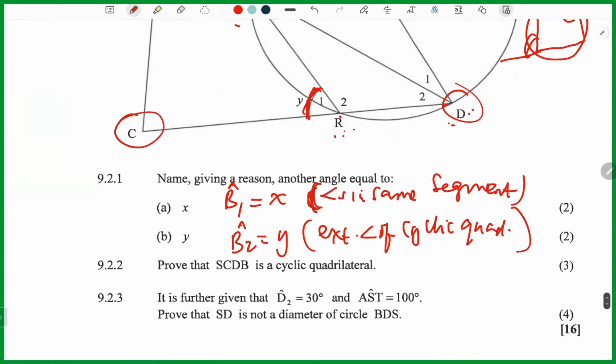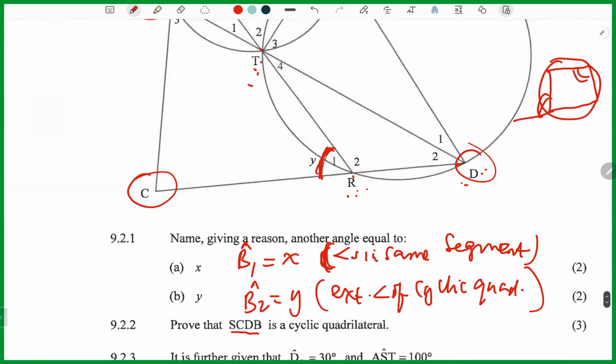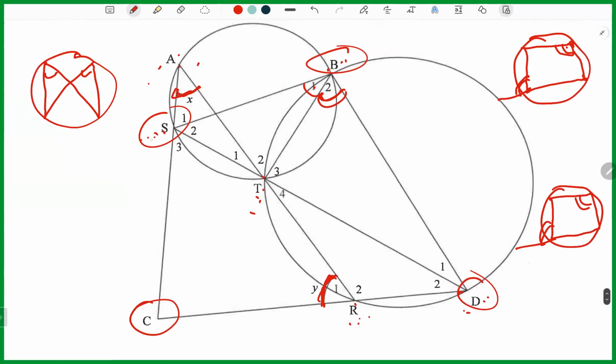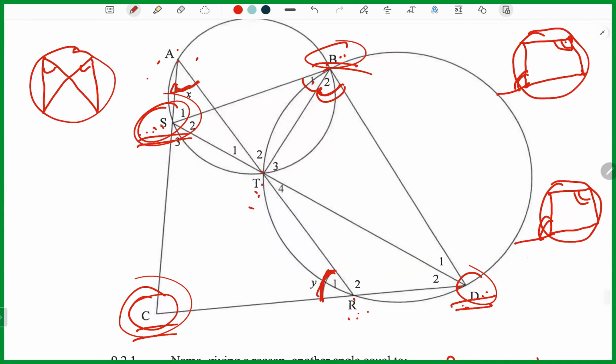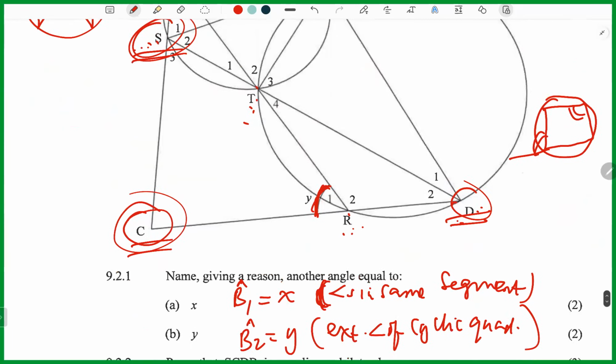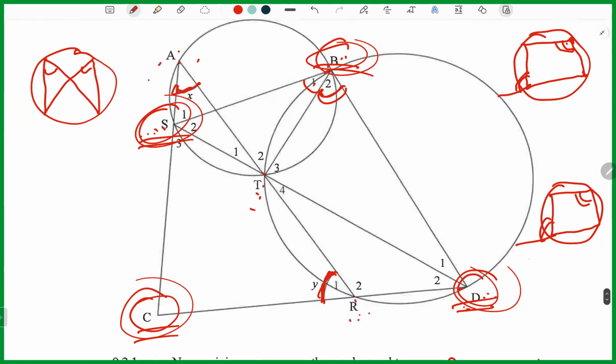Now, prove that SCDB is a cyclic quadrilateral. So if you look at SCBD, to prove that SCDB is a cyclic quadrilateral.